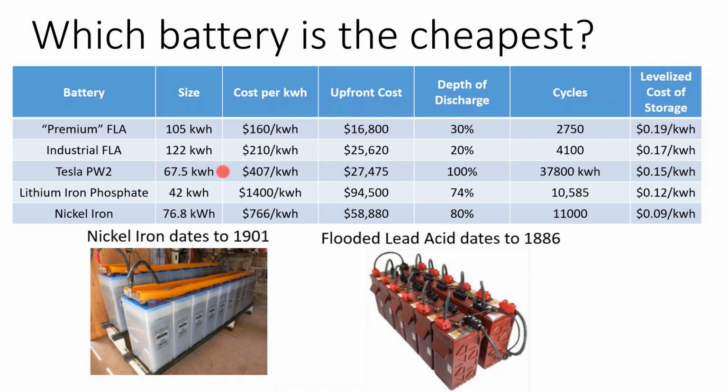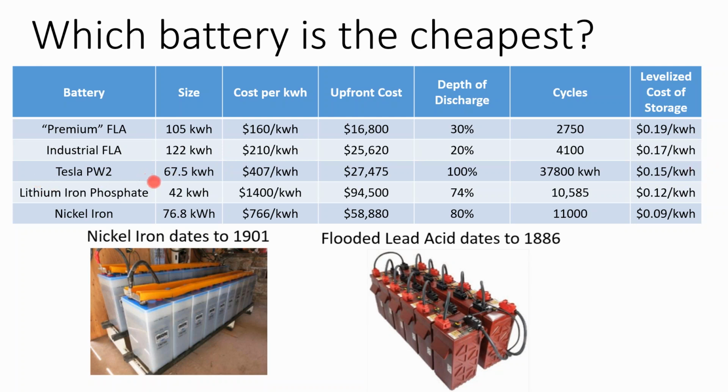Whereas you can get away with a smaller battery that you're using as a deeper cycle on a regular basis, the danger being that if you run out of power, you don't have it to use, whereas you would if you went with a larger, cheaper battery bank that's more expensive to use in the long run.